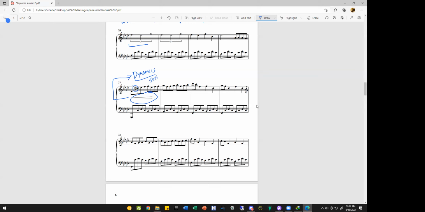and you finally play forte, which means with a more powerful attitude. So this angle line opens up, and it means that you have to get louder.